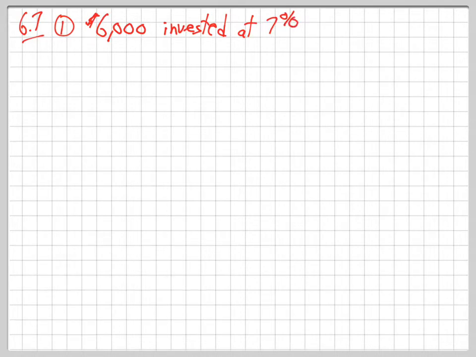The first part, we'll call it part A, even though they don't have letters there, is 12 years compounded annually.